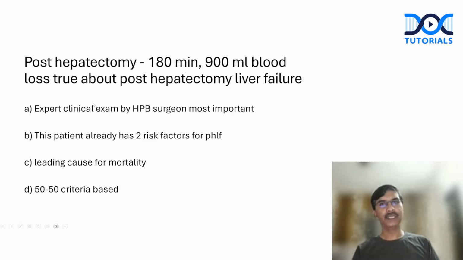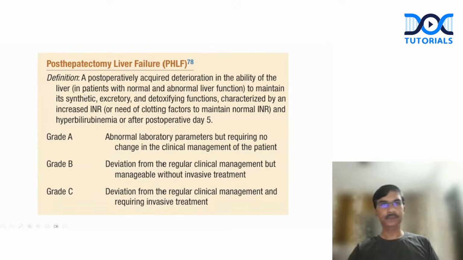It is based on the criteria of a post-operatively acquired deterioration in the liver's ability to maintain its synthetic, excretory or detoxifying function, characterized by increased INR and hyperbilirubinemia on or after post-operative day 5. So grade A is a biochemical post-operative liver failure. Clinically, the patient is fine.